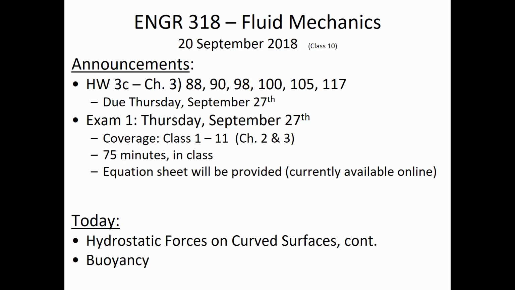So that makes it easier for us to calculate the location of the force. So force location will be at ycp, which of course we know is y bar plus I divided by y bar A. So basically, for the horizontal forces, that approach is the same as when we were doing forces on flat surfaces.